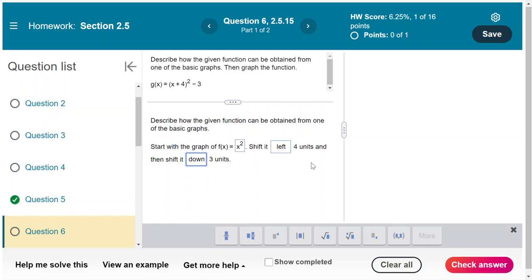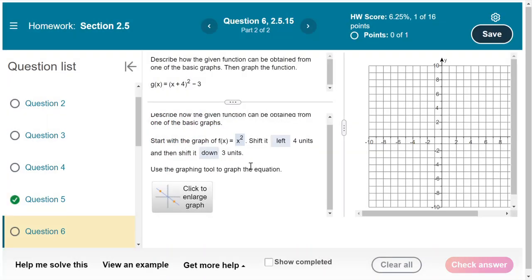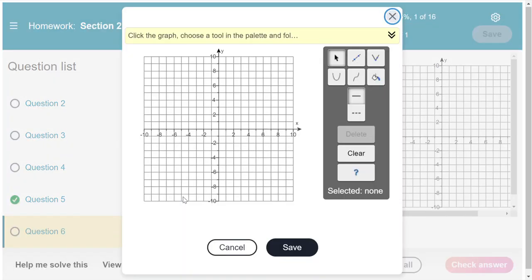So this one's a little bit different than our last one. So let's check our answer. And now we'll have to do the graph. All right, so again, it's going to work like the last one. Now this time we're using a parabola because the parent function is x squared.